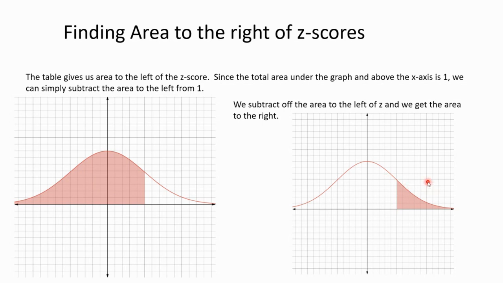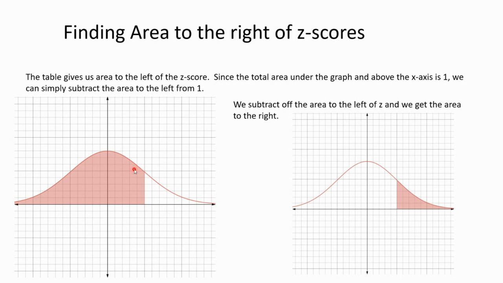Basically, what's going to happen is this. The total area under the graph is 1. I've told you that today. It's also up here, but the total area is 1. So if we want, let's say, this area here, which is the same as this area, what we can do is throw away what we don't want.